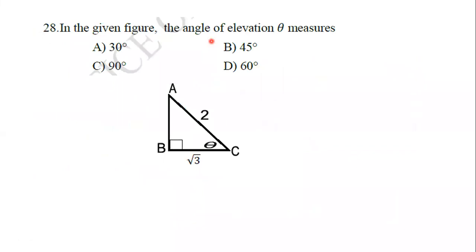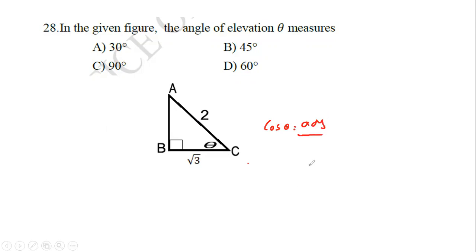In the given figure, the angle of elevation theta measures. So you need to find out theta value here. Here root 3, here 2 is there. So root 3 divided by 2, so apply cos here. Cos theta is equals to adjacent by hypotenuse.